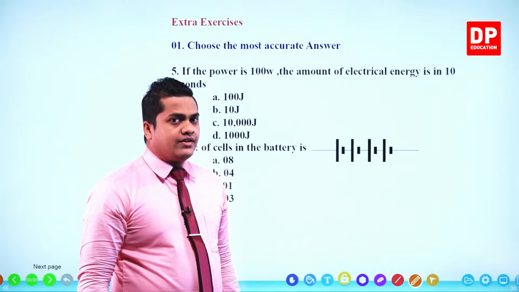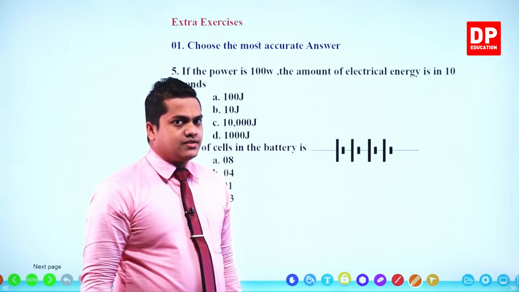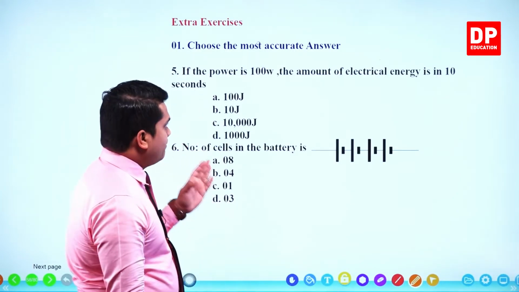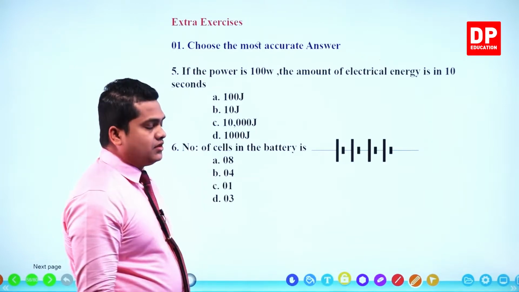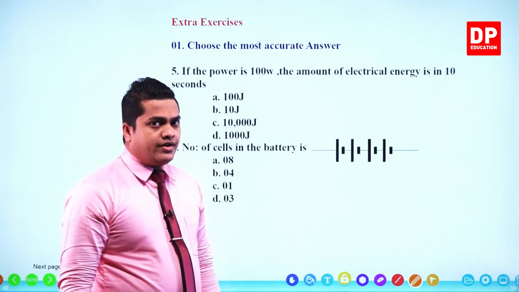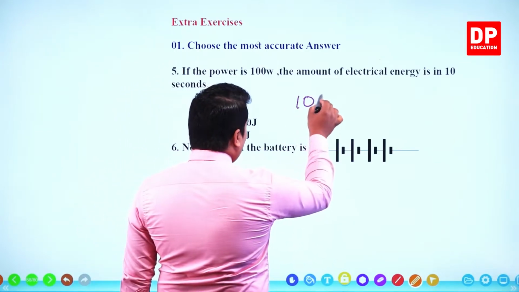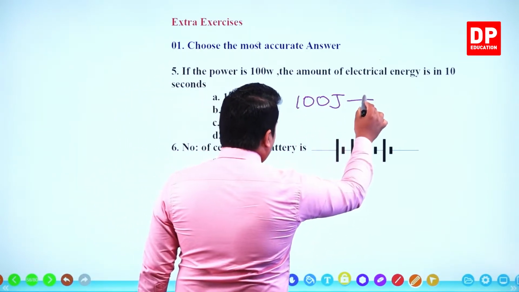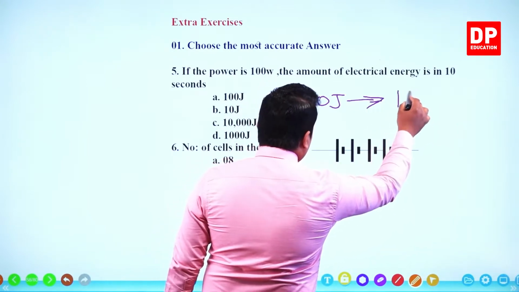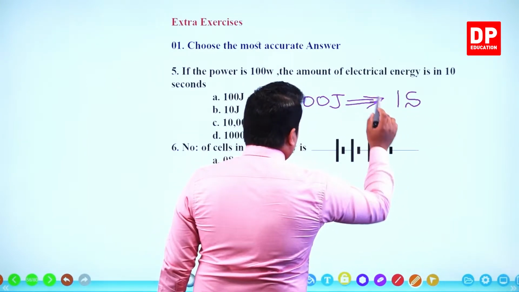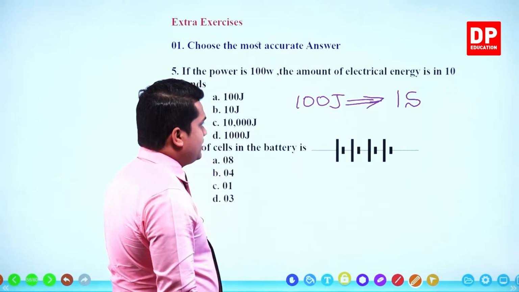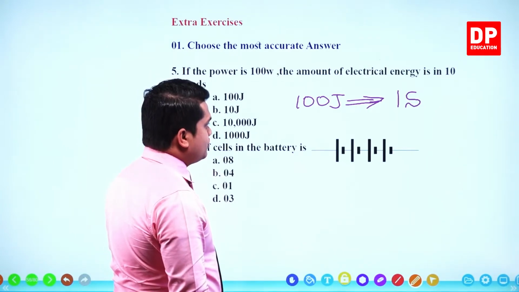If the power is 100 watt, you know that 100 watt means it's going to use 100 joules in 1 second of time. Within 1 second, this instrument is using 100 joules.